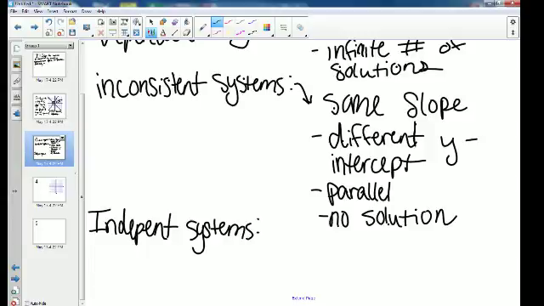Independent systems are when the lines intersect, so both graphs from the system intersect, and there is only one solution.